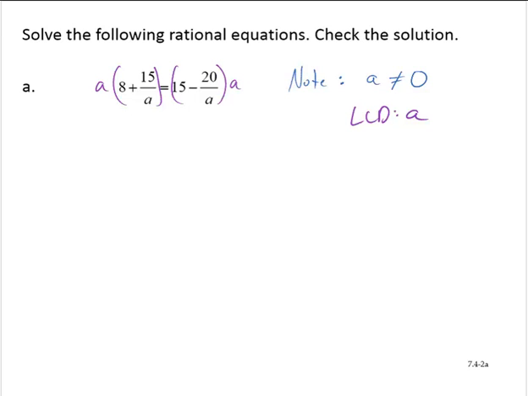We can think of that a, if we need to, as a over 1. So I've got a over 1 times 8 plus a over 1 times 15 over a is equal to a over 1 times 15 minus a over 1 times 20 over a.